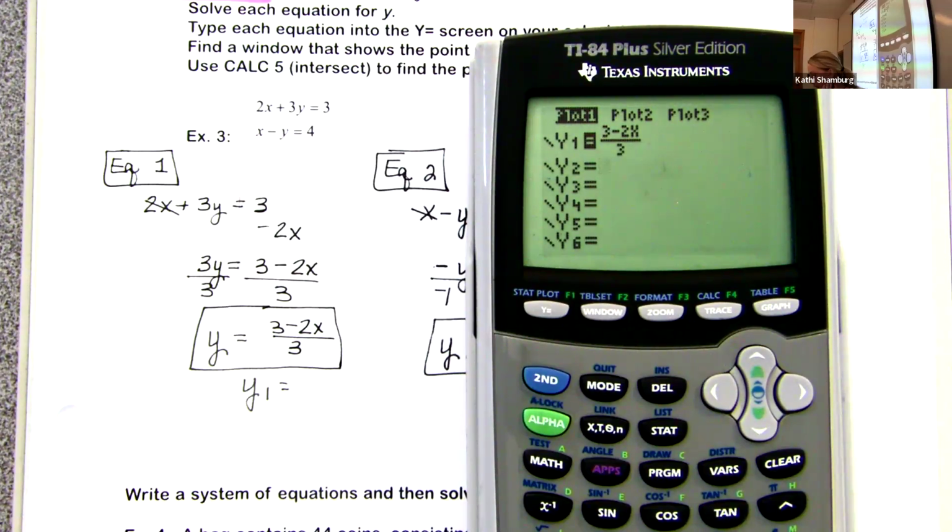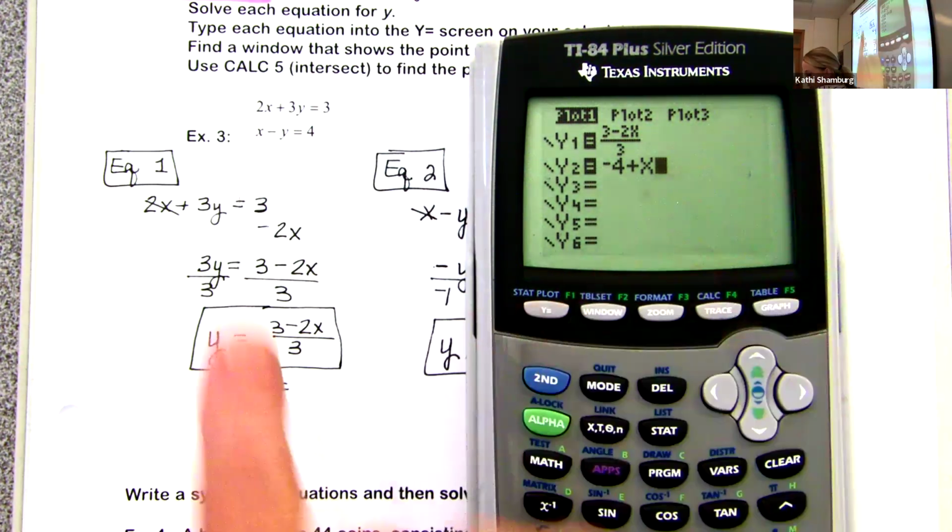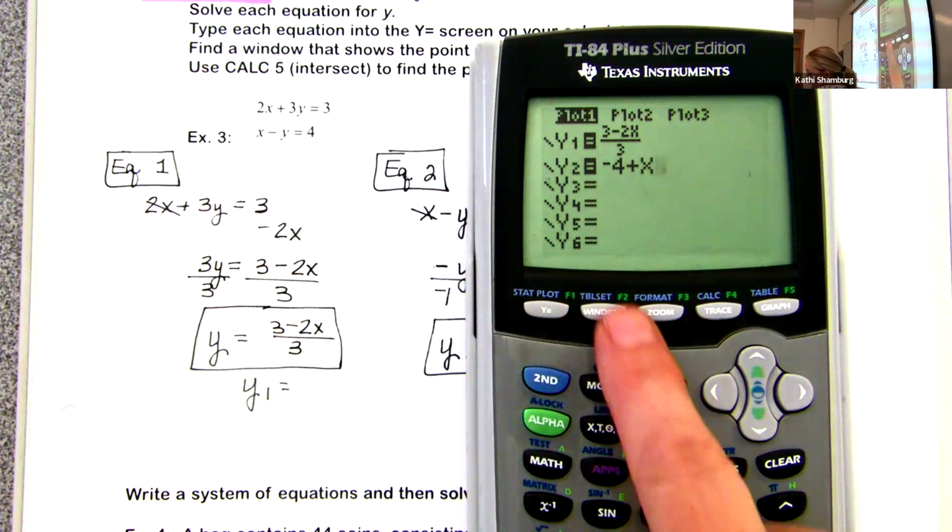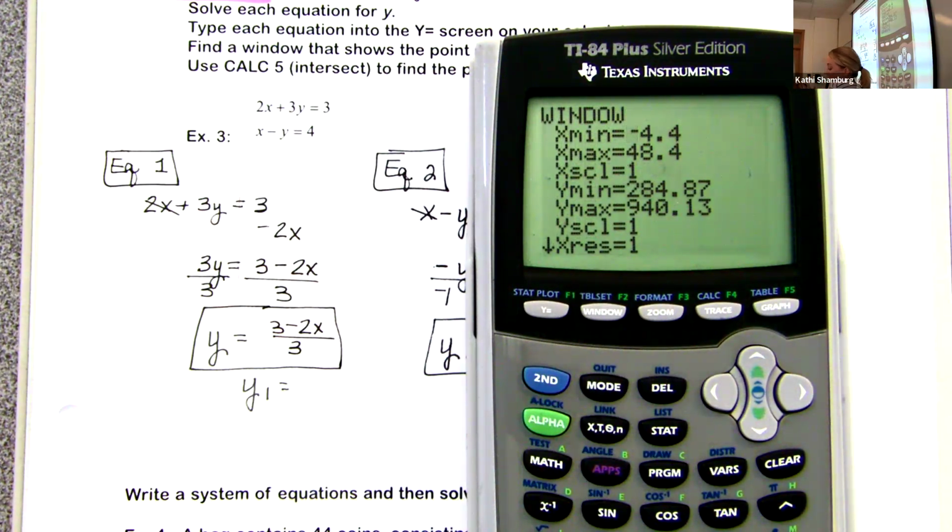Do -4, not -4. -4 plus x. Okay, so before I graph, it talks about up here, find a window. I'm going to push window, but I'm going to leave it alone. And I'll tell you when some adjustments might have to be made, but I'm just going to see if we're good. All right, what do I hit now to actually see the graph? Zoom 0.